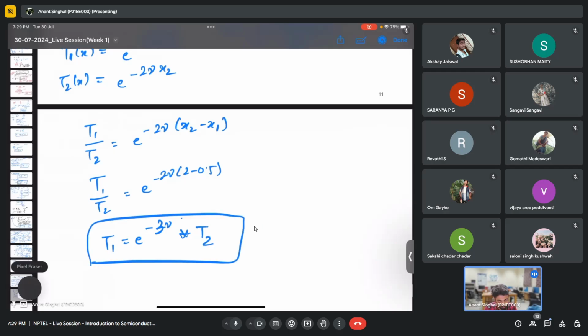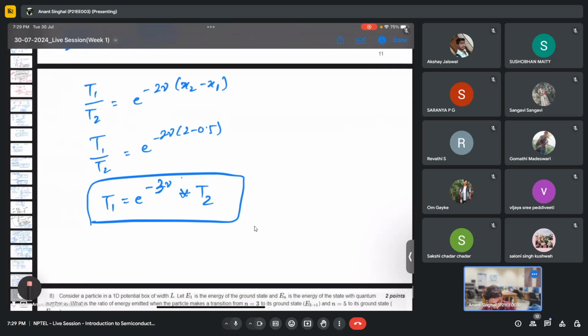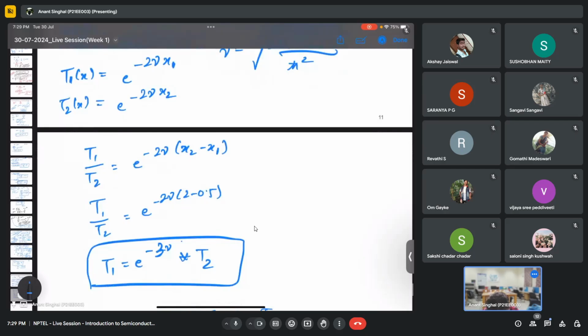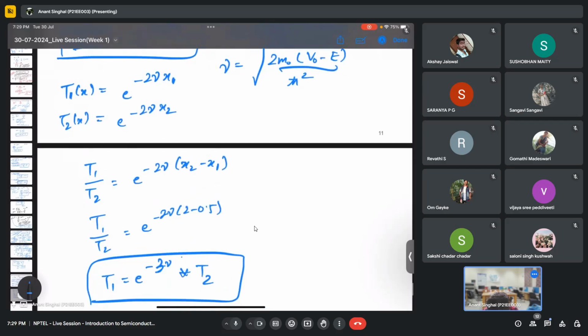What we can easily see is that T1 will be very, very less than T2. Does it make sense? I've done it correctly.